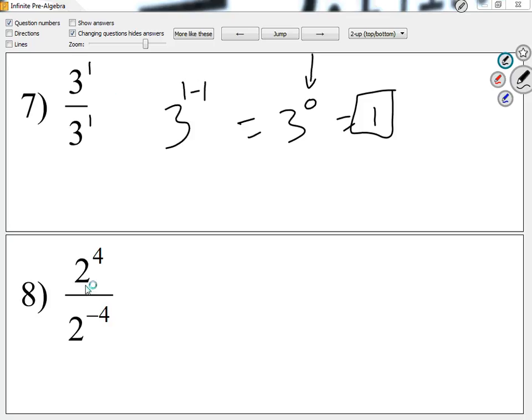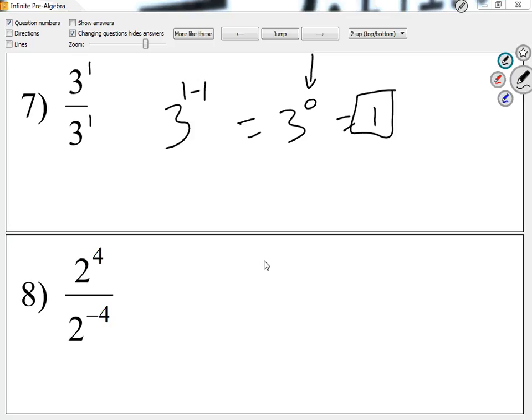If I look at number 8, that's one of the rules that we know. My big number is a 2. I'm just going to go with my exponents.